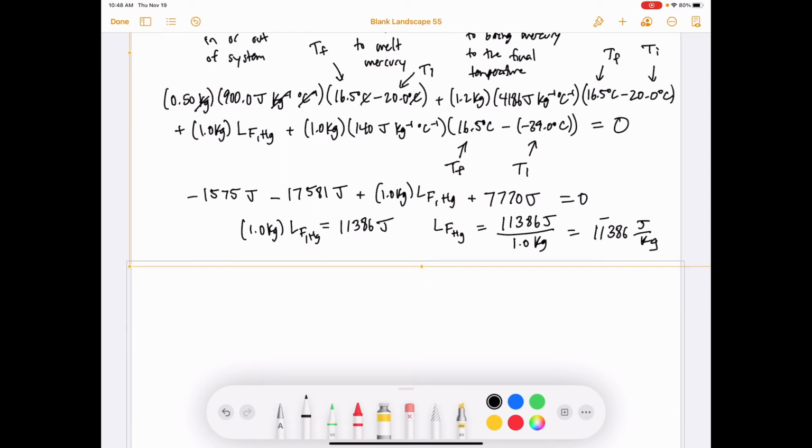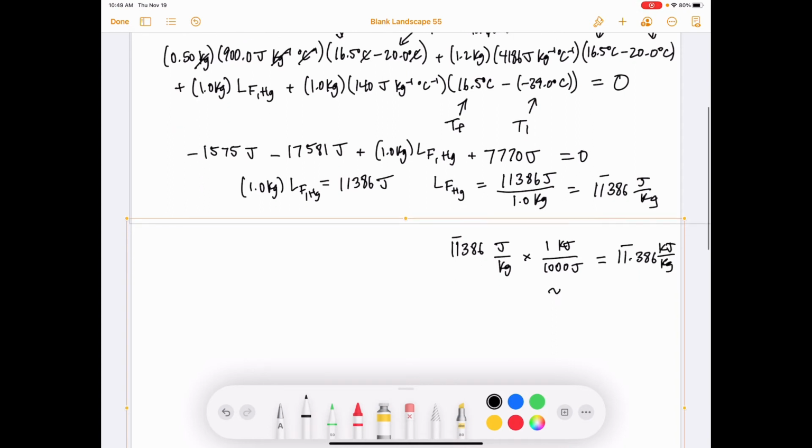And here, let's do a unit conversion as well. In every 1 kilojoule, we have 1,000 joules. So we divide by 1,000. That's going to be 11.386 kilojoules per kilogram.